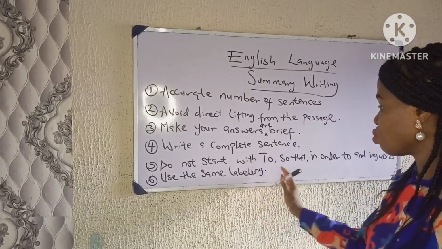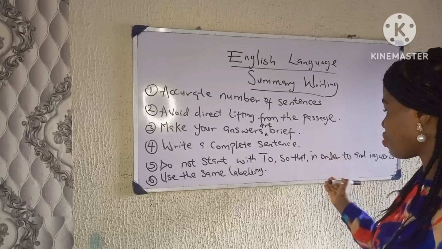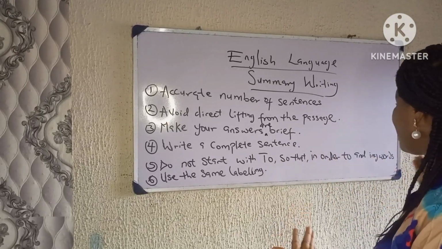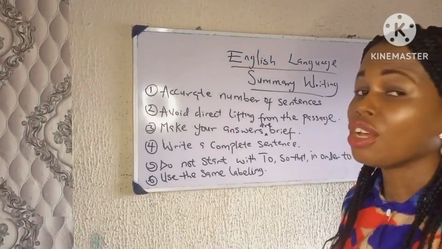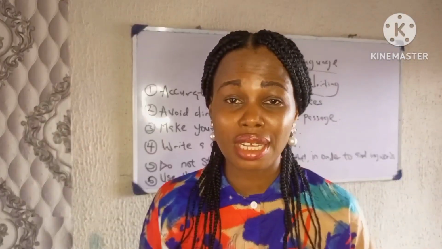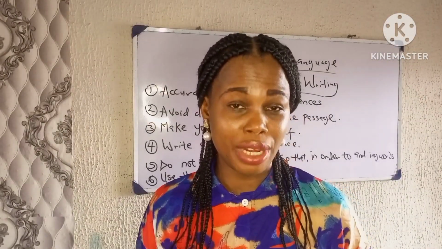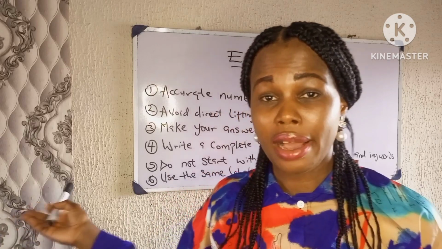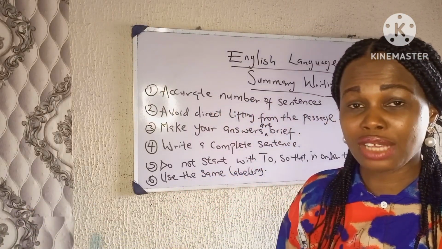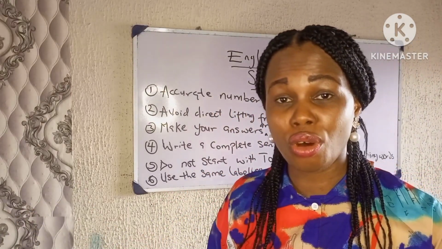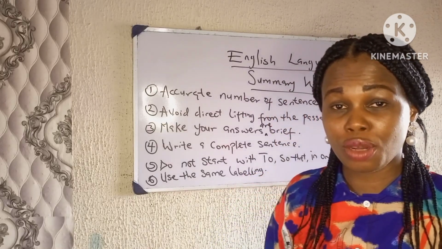Do not start with "so", "so that", "in order to", and "-ing" words. Do not start your sentence with them. For example, in our example question, we were asked to provide the disadvantage of owning a desktop telephone.